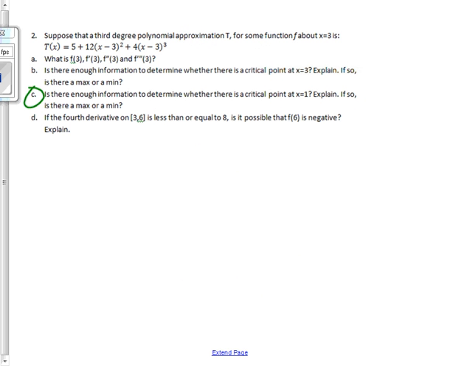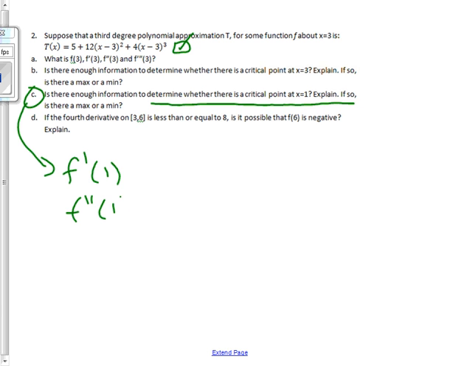Part C, is there enough information to determine whether there's a critical point at x equals 1? Well, while we do have this Taylor approximation, we don't know the actual function. So I don't know anything about f prime of 1 or f double prime of 1.